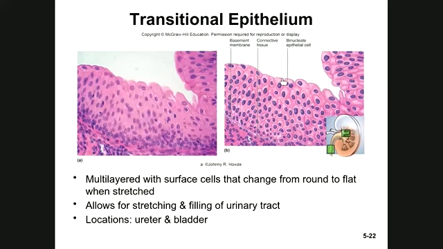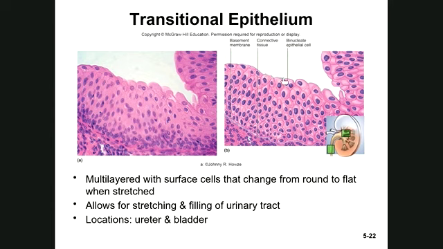So you need to check the surface of the cells, and you see that these surfaces, as you see here, are round or curve shaped. This type of epithelium is called transitional. You can see the curved apical border here.